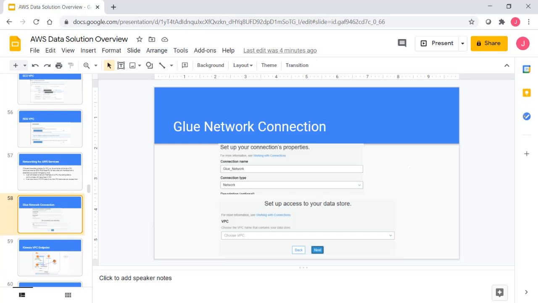So when you launch a Glue job, this job is basically a compute unit that is created inside the AWS managed network. But AWS will attach a VPC network interface to your VPC to the job if this job is associated with this connection.